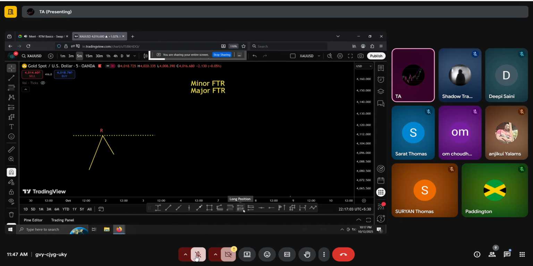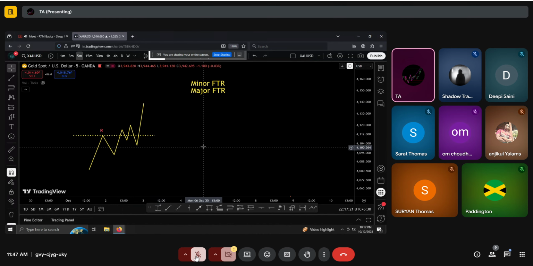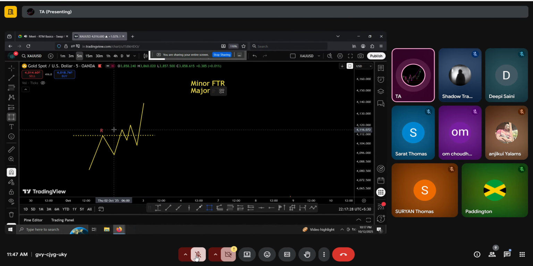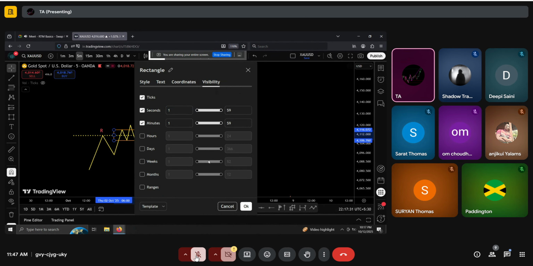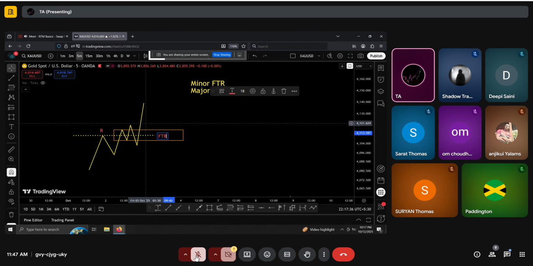And when the price goes up again, crosses this level, pulls back, goes up again, right? Then pulls back, breaks this level, but goes up again, right? So what happened here? When this crossed the first time, this was our FTR. This was our minor FTR.